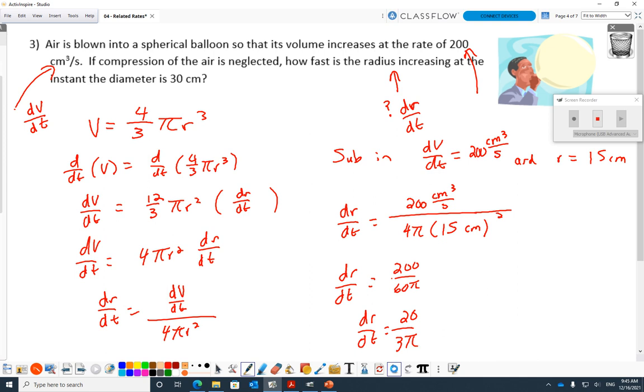Hold on. I did something in my head that I shouldn't have done. Would you not square the 15? Yeah, sure you would. 200 over 225 times 4, 900 pi. So 2 over 9 pi. 2 over 9 pi, which you might think is awkward, but I think it's actually less awkward than getting this as a crazy 0.0 something decimal. You know what I mean?